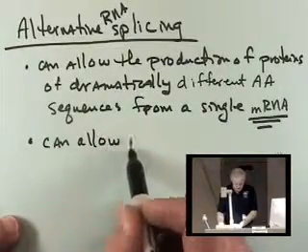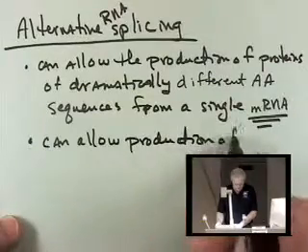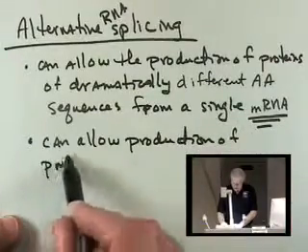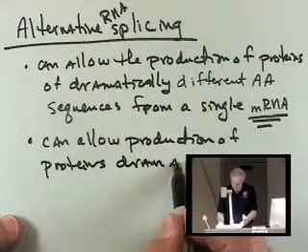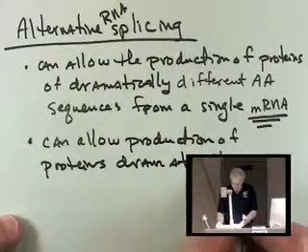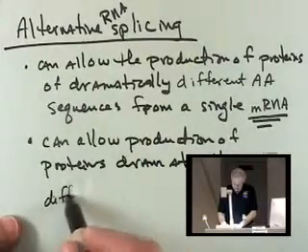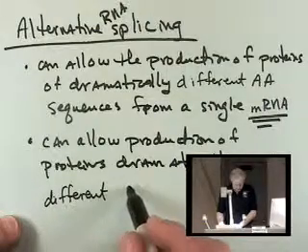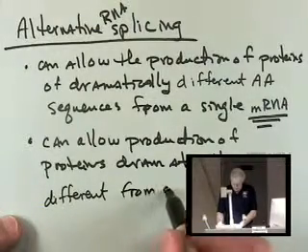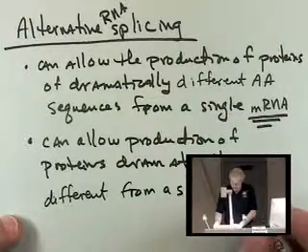So it can allow the production of proteins dramatically different, kind of the same idea as the first one, from a single, at least they were consistent, mRNA.